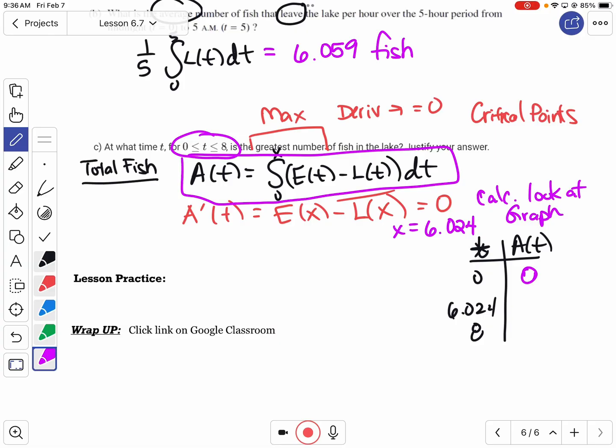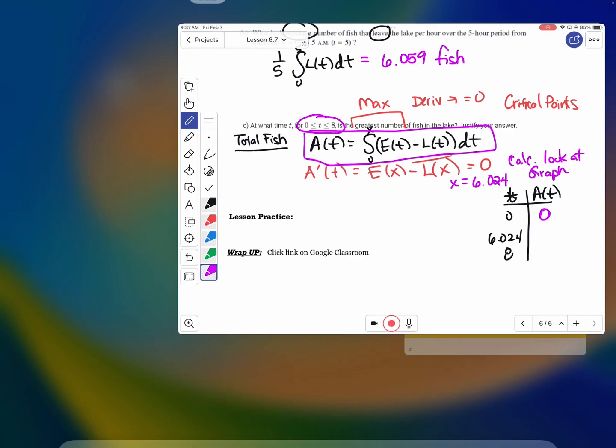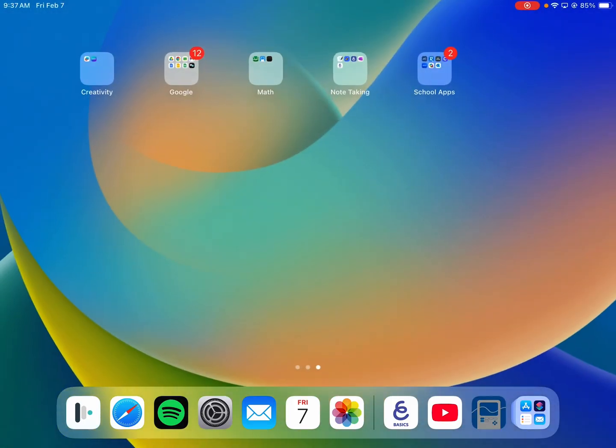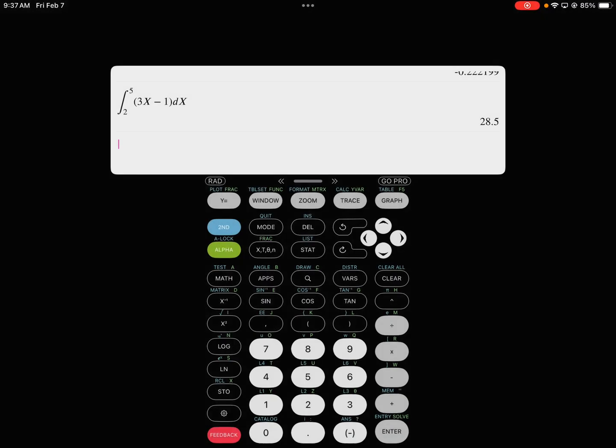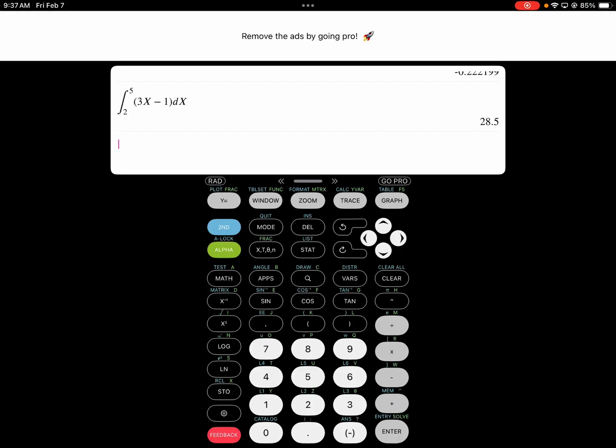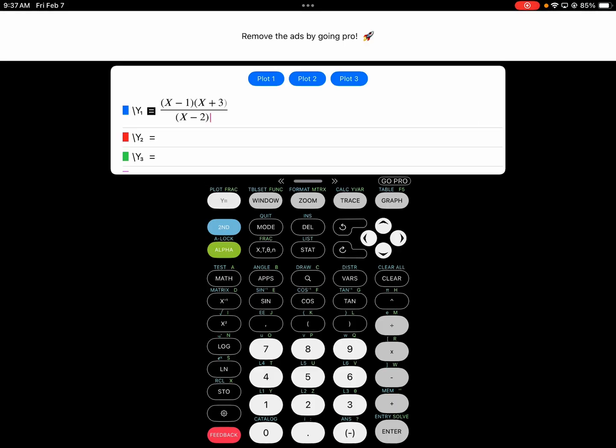And you've already got e of x minus L of x in y1. So when you do your math 9 to do your integral, from 0 to 6.024, just put y1 of x inside that integral. Let me show you. You're here on your home screen, and you've got a function in y equals.